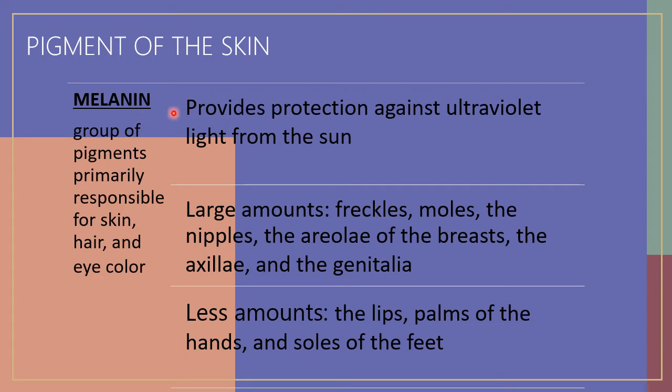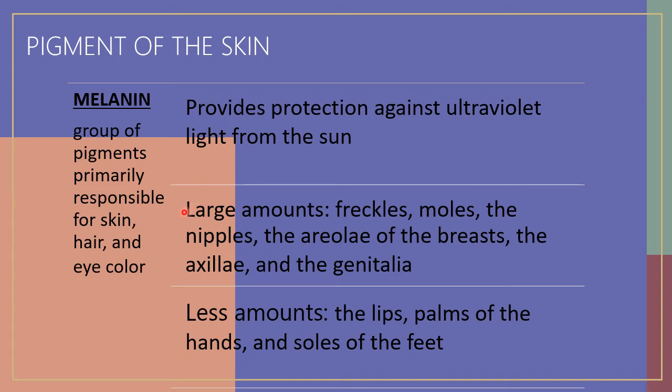What does your melanin do? It has a lot of functions. It provides protection against ultraviolet light from the sun, and this is why our skin has the capability to protect us from the ultraviolet rays. It's because of the melanin.